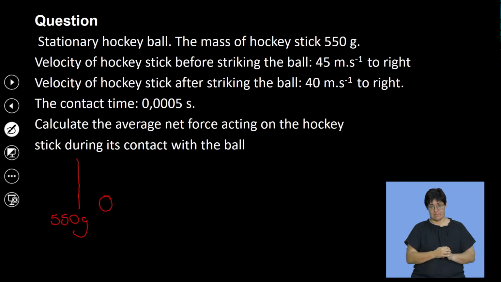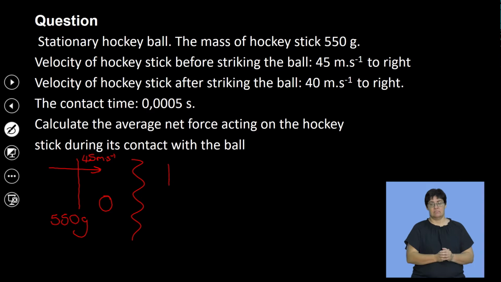We have a hockey ball, which, they don't tell me the mass because it's not actually important at this point. My hockey stick is moving at 45 meters per second. Then it hits the ball. That's the collision.